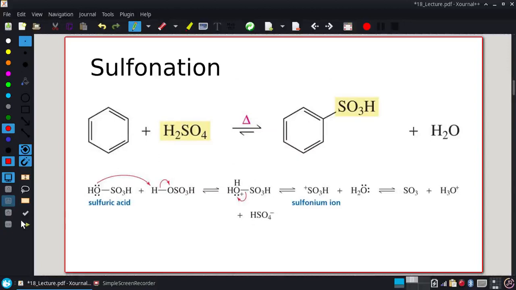Now, straight sulfuric acid will actually also substitute on there. One H2SO4 attacks the second one to create the sulfonium ion, and the sulfonium ion is what attacks. Now, this typically needs heat because we need that to be extra powerful, so this is concentrated sulfuric acid and heat to get sulfonation to go.